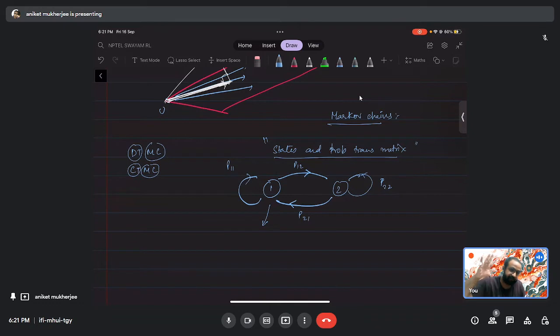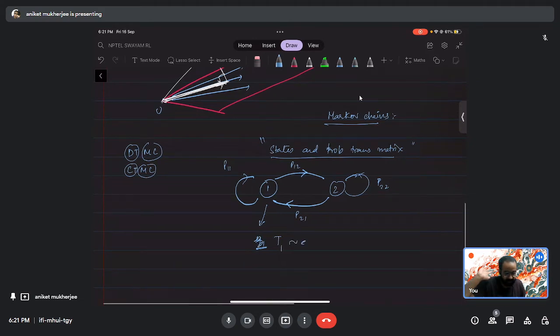So it will wait for time t1, which is exponentially distributed with parameter mu1, and then based on the DTMC probability matrix, it will shift to state 2. Once it is in state 2, it will wait for time t2 with exponential distribution with parameter mu2. Is this clear? DTMC and CTMC.